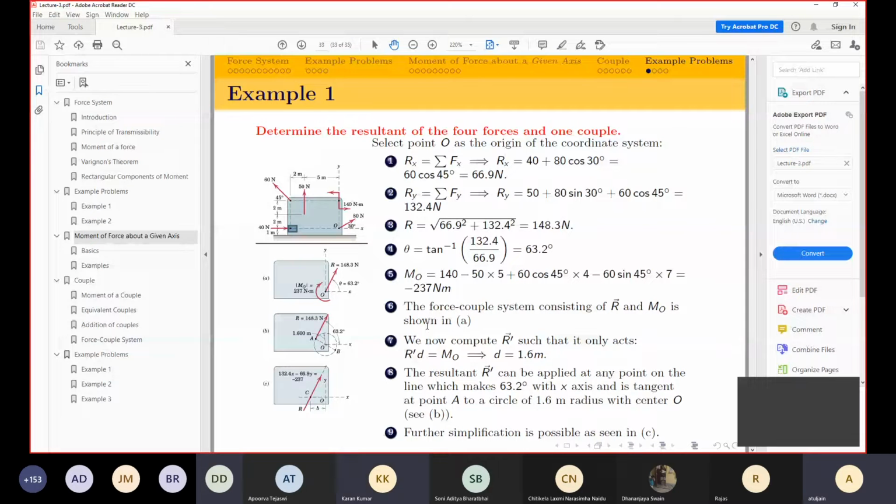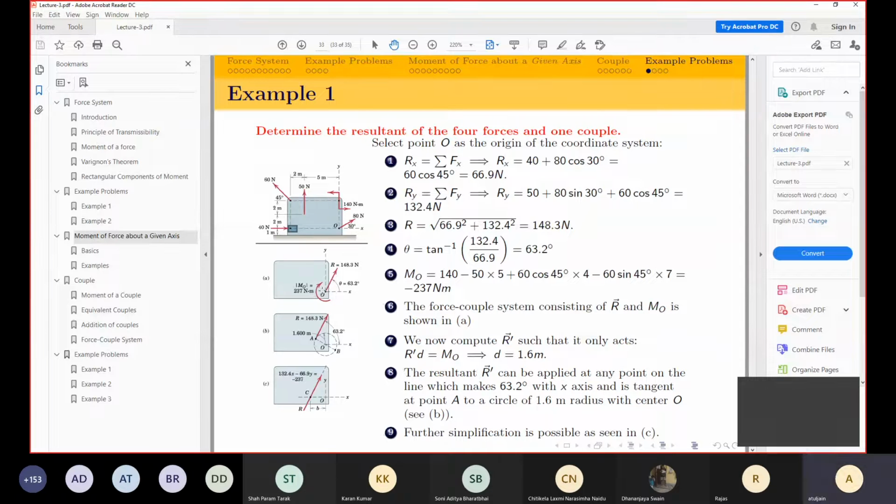Sir, I couldn't understand the last step. How did we get the point where we only apply the force? So let us say I want to go to point O. I have a force R equal to 148.3 Newton whose direction is known, and I have a moment whose magnitude is known. Now if I convert this force from point O to some other point, I have a force and a couple, correct? Yes, sir.